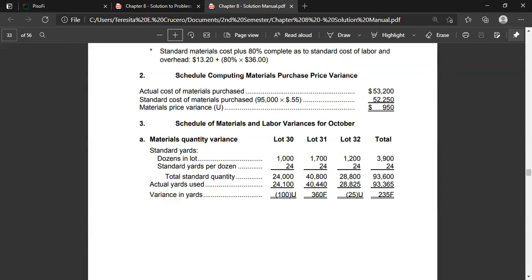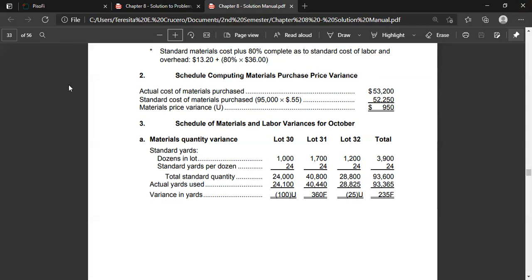We have the dozens in a lot for lot number 33, 1,000. For lot 31, it's 1,700, and again, for lot number 32, 1,200. We multiply by the standard yards per dozen.